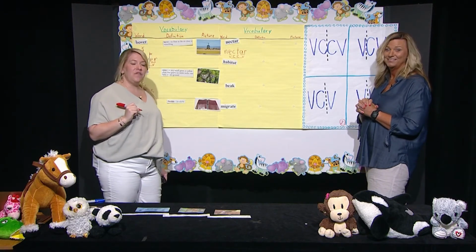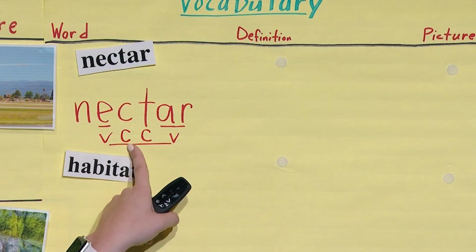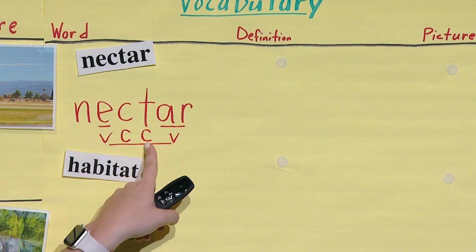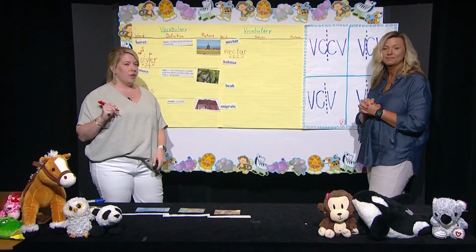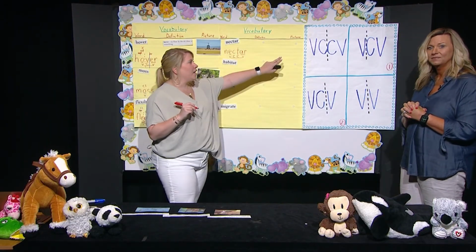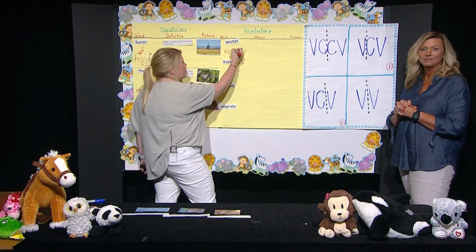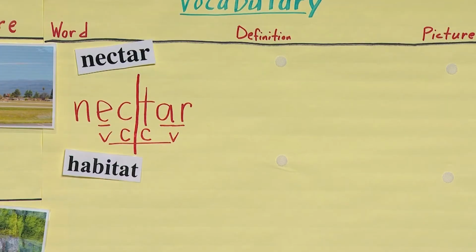Good. Let's divide using the pattern we notice. What pattern do you see on our bridge? That's right. This word has a VCCV pattern. If we look at our division posters, we see that we divide this pattern between the consonants. So let's draw our line between consonants C and T.